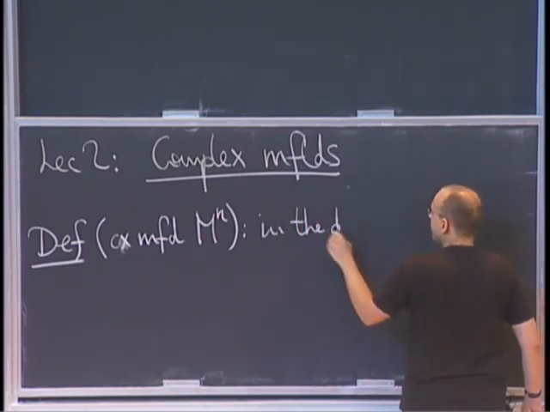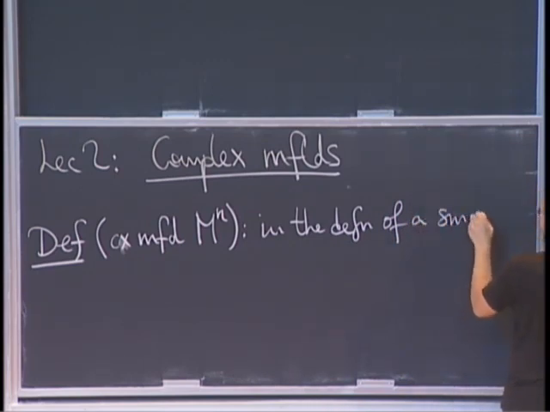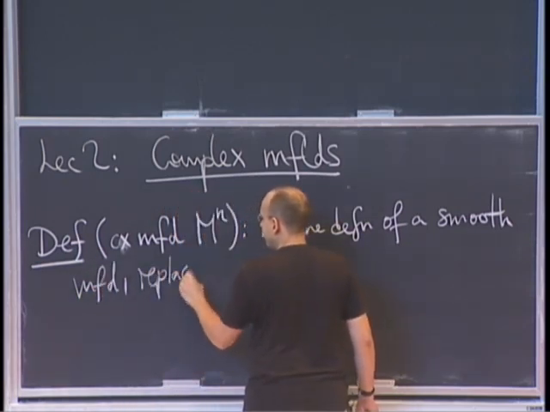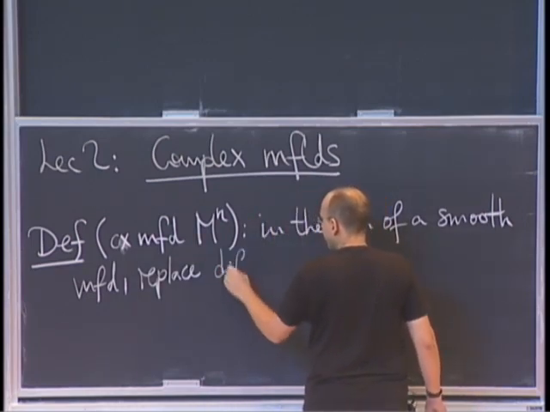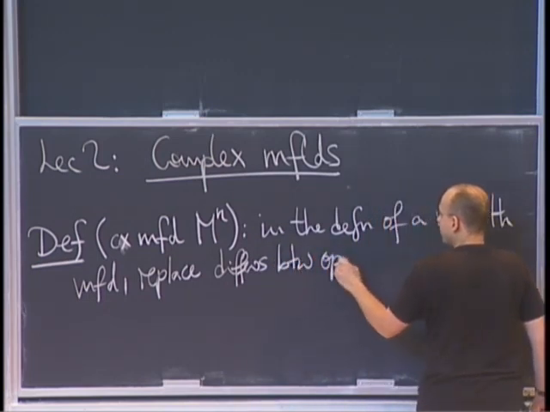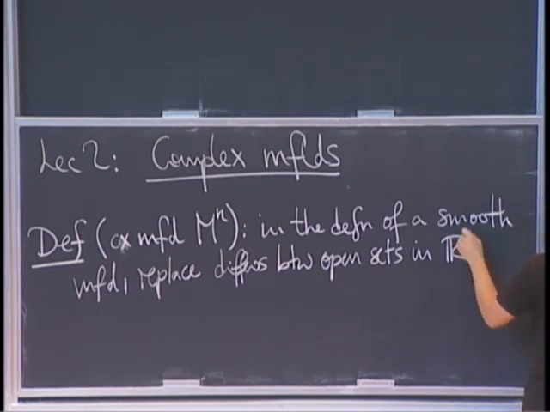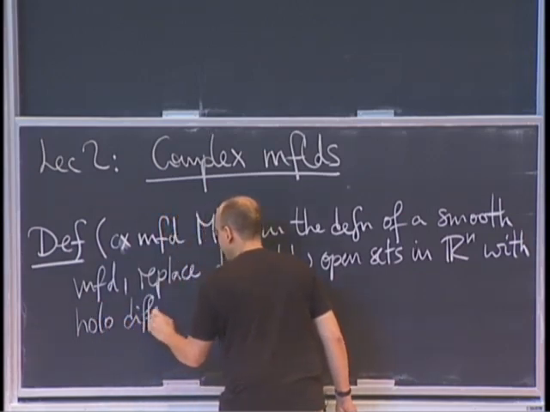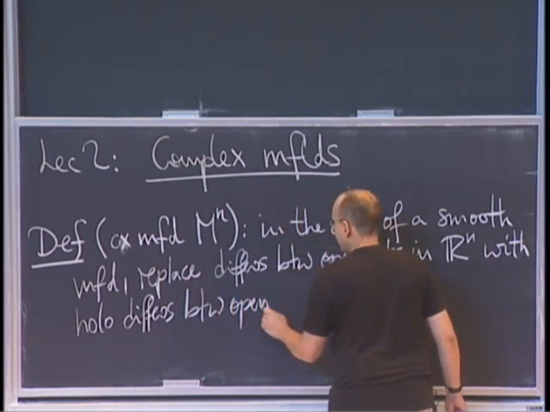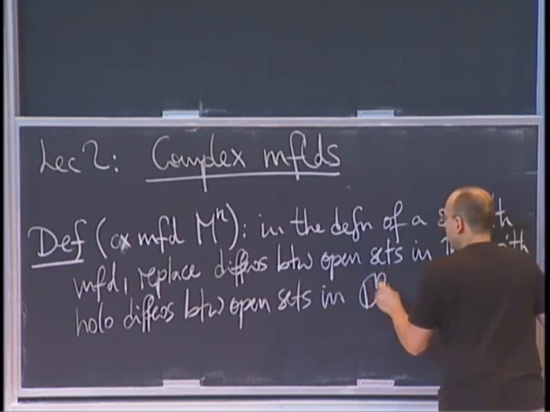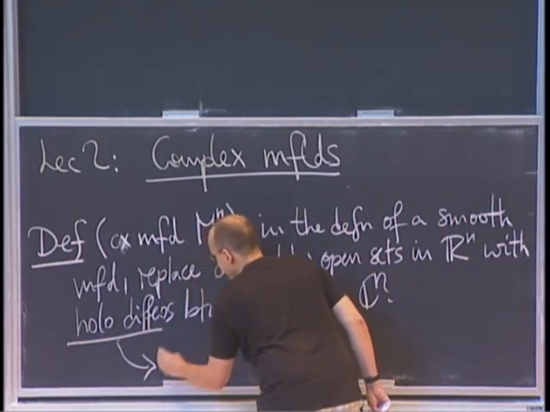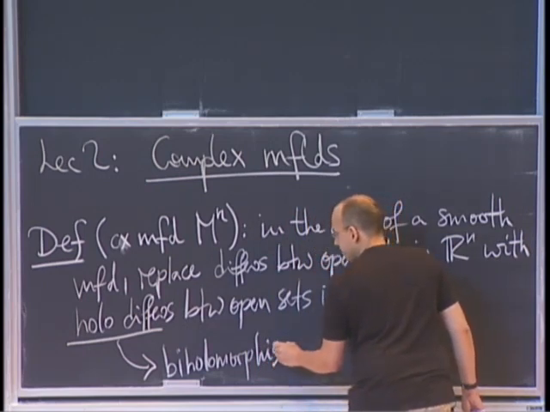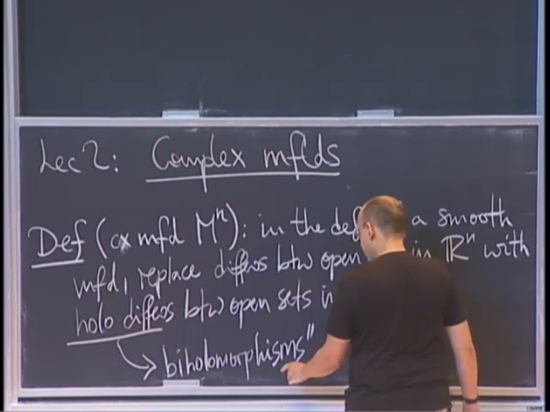So, holomorphic diffeomorphisms, otherwise known as biholomorphisms. It's a term that Jacob used.